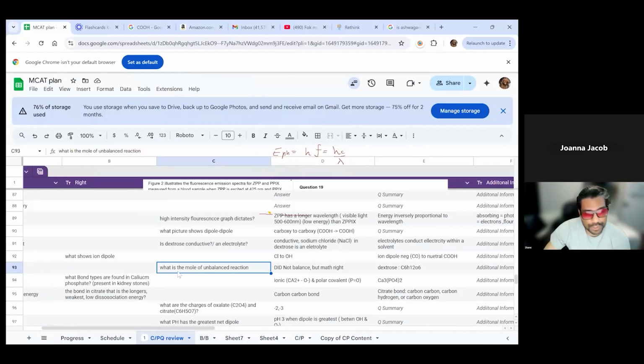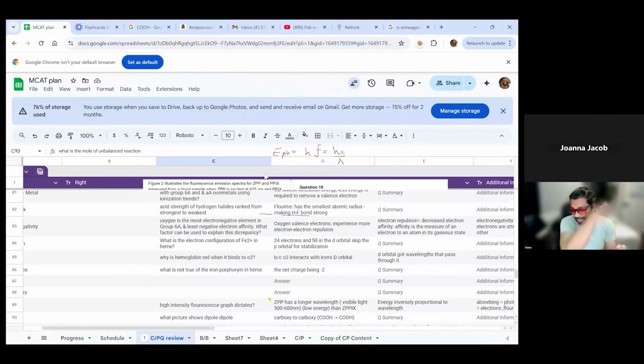Well, I think the issue with the question that we just went over was that it was predominantly content, because the graph itself is just showing you that on the x-axis is your range of wavelengths. The y-axis is intensity, which means the number of photons, not the energy of photons, but number.